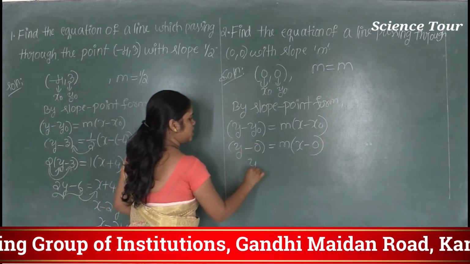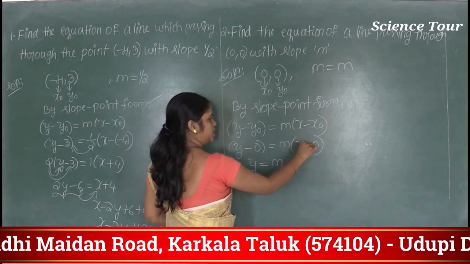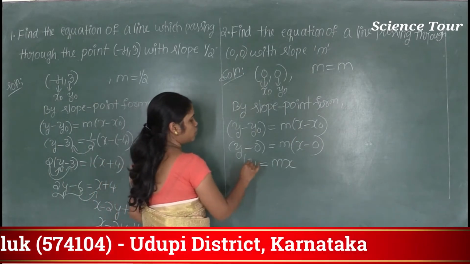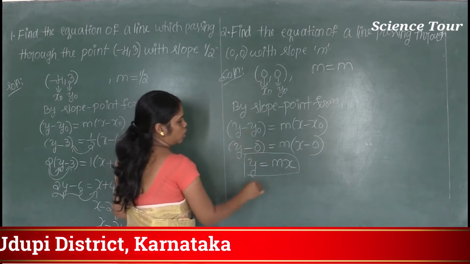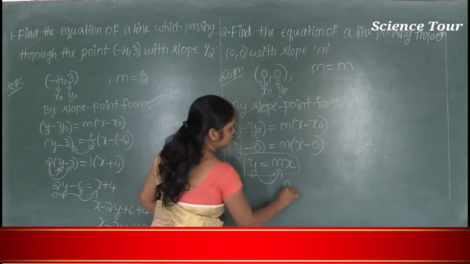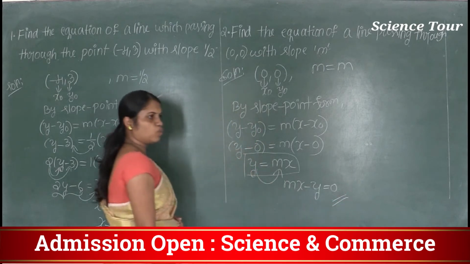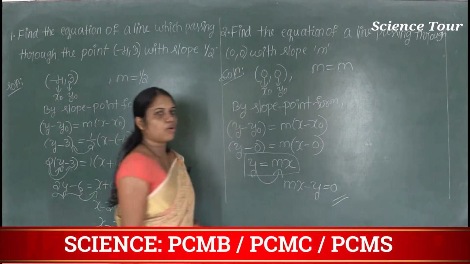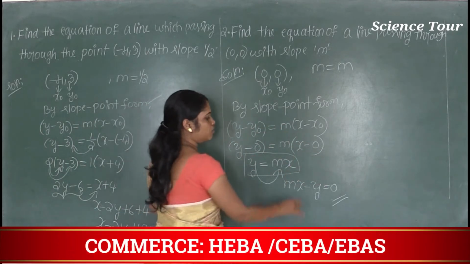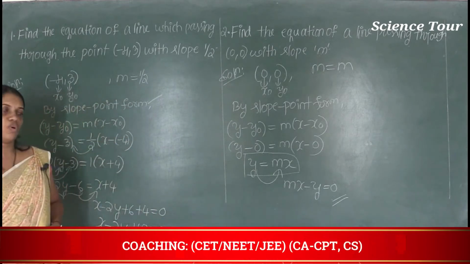Y minus 0 is nothing but y itself, and m into x minus 0 is nothing but mx. So y is equal to mx, or else you can shift this y to the right hand side, and then you get mx minus y is equal to 0, which is the required equation of a line.